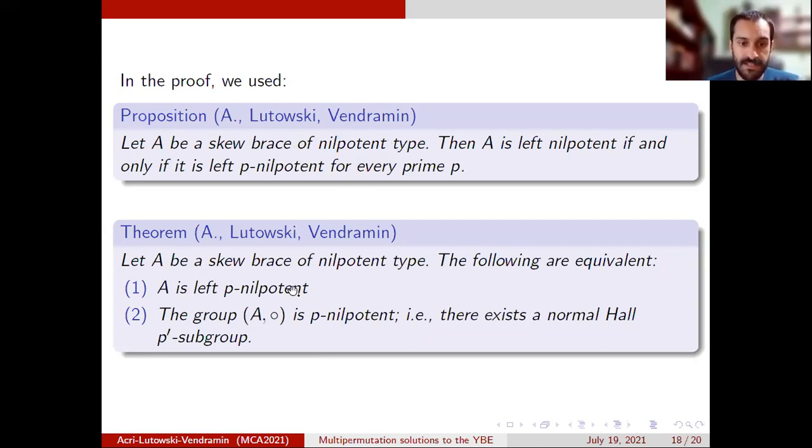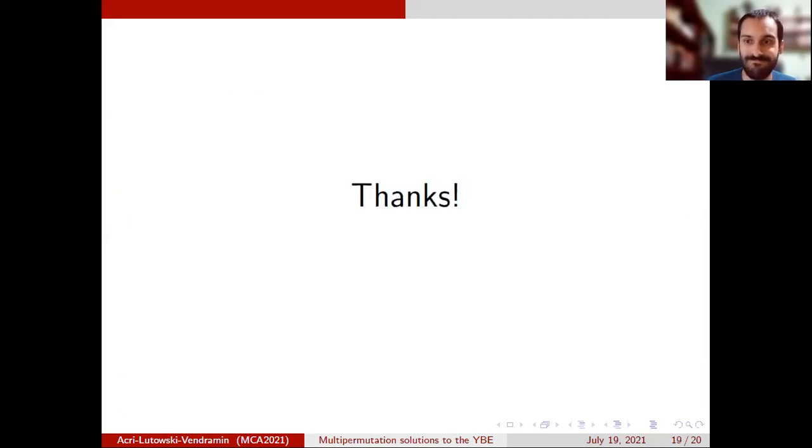And then this left p-nilpotency is equivalent to the multiplicative group being p-nilpotent. This means that there exists a normal p-complement, a maximal normal subgroup whose order is coprime to p. And that's all. Thank you all.